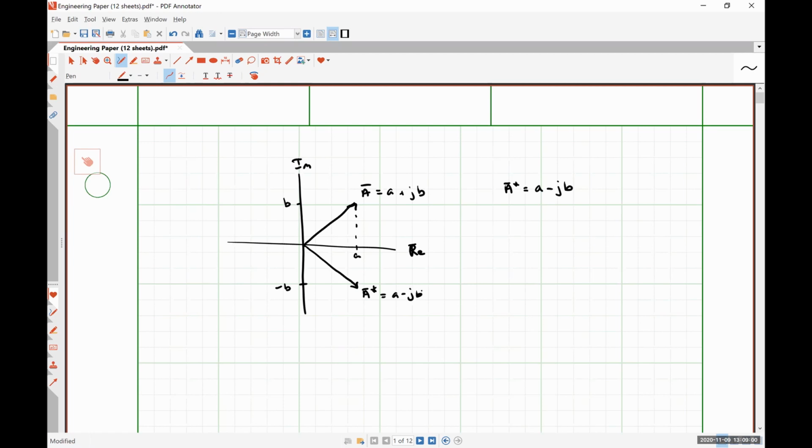In polar form, what has happened? Right, we had our angle and now we have negative of our angle in the conjugate. So that's how we take the complex conjugate of a polar form number. Literally just change the sign of the angle, leave everything else alone.